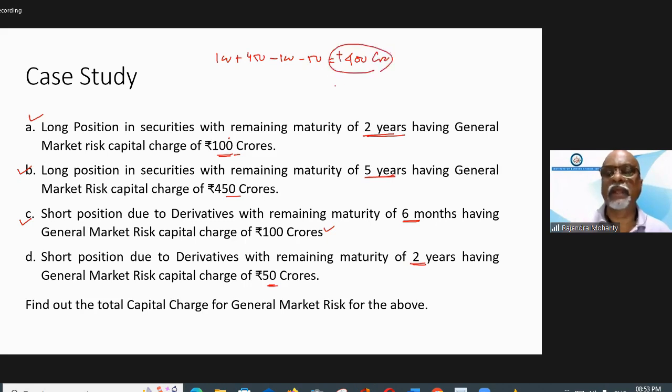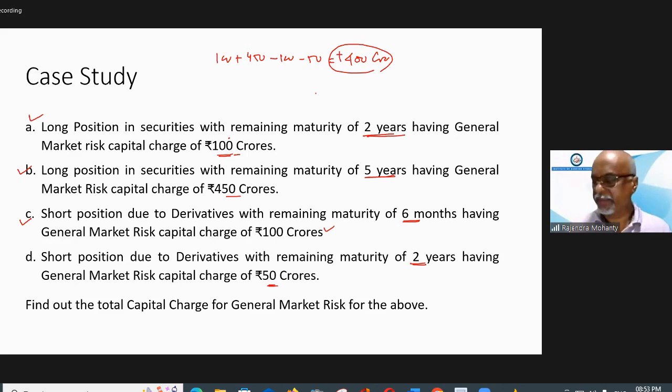Apart from this, we also have to calculate vertical disallowance and horizontal disallowance. So how are the vertical and horizontal disallowance to be calculated?